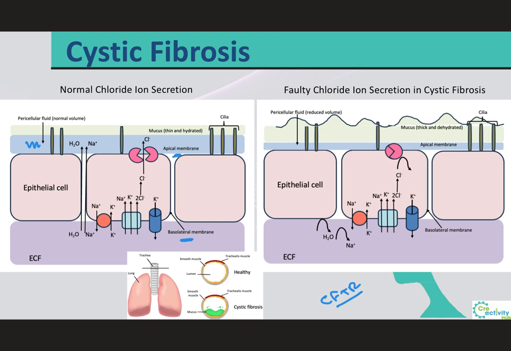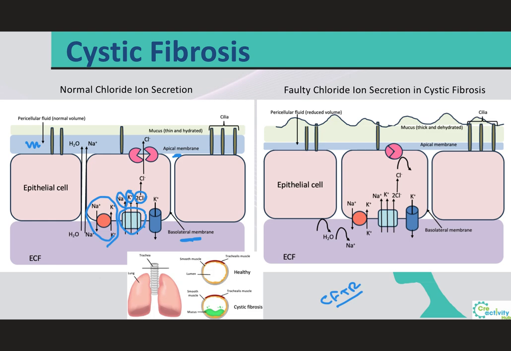Sodium ions, potassium ions, and chloride ions are going to be actively taken up by the cell via this sodium potassium chloride symporter, which is located in the basolateral membrane, as we see right over here. Now the gradient for these ions is going to be established by the sodium potassium ATPase pump that is also present in the basolateral membrane.